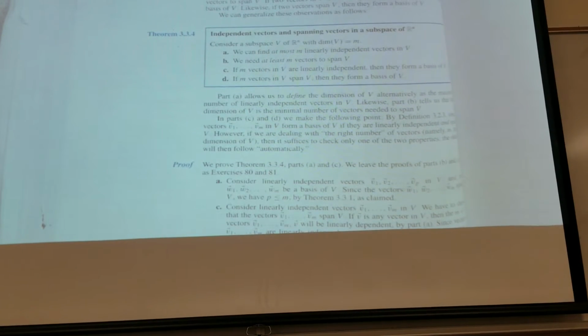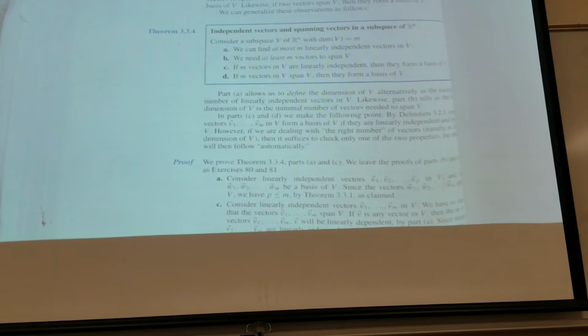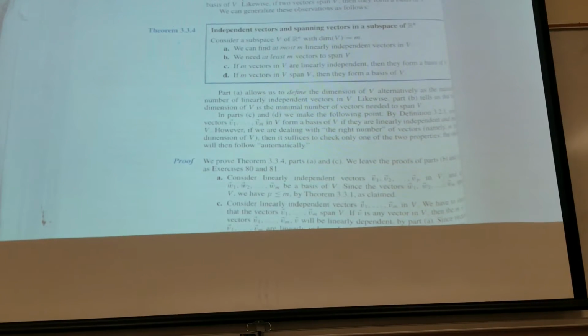So to put it in the simple cases R2 and R3, say R2. Can you find 3 linearly independent vectors in R2, right? So the answer is no. If you can find 3, then what happened? The dimension of R2 would have been greater than 2, would be 3 at least, right?